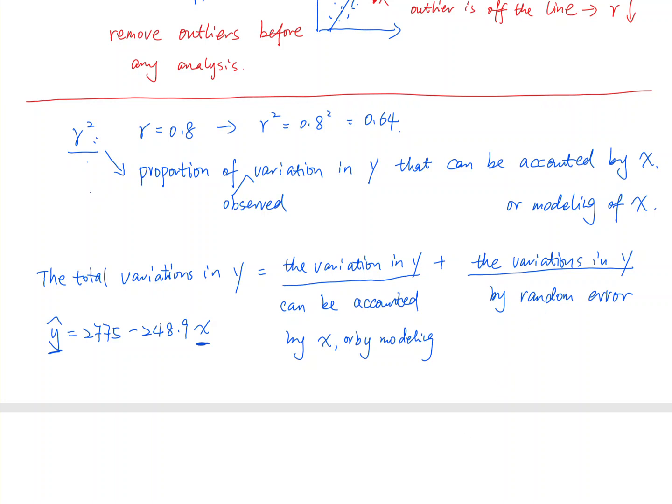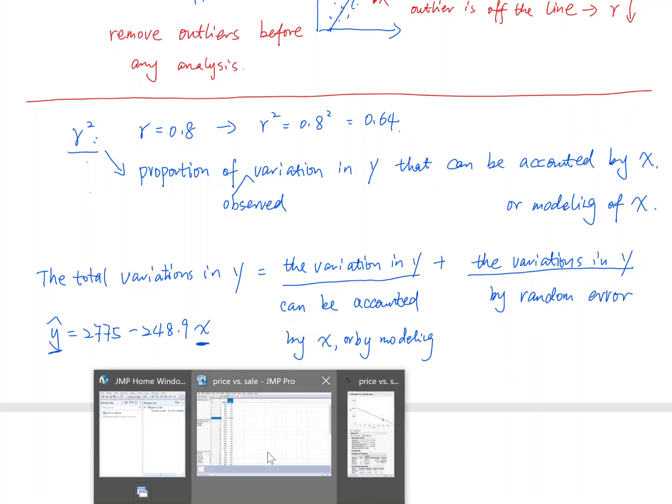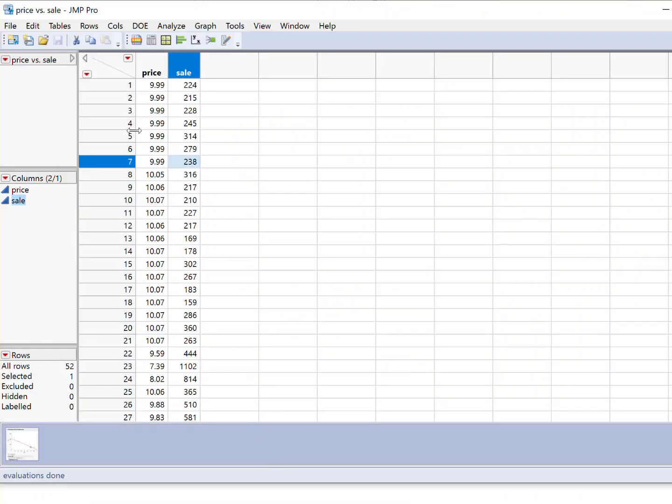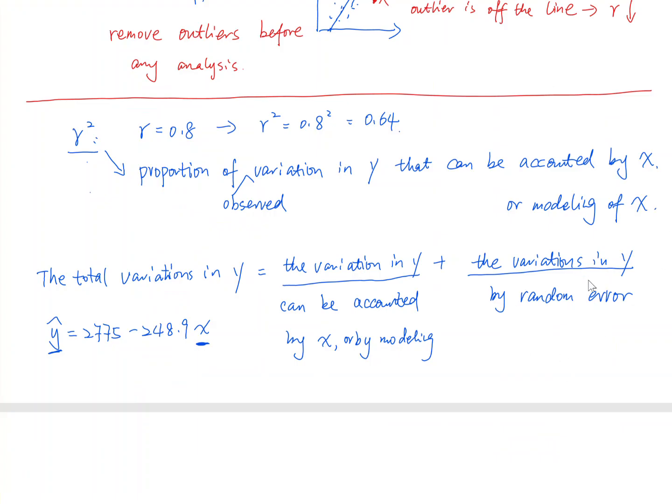So what is random error? Since they have the same price, but these are different stores, when you randomly select the stores, you cannot control that every store is exactly identical, right? So this is called the sampling error, or just random error.